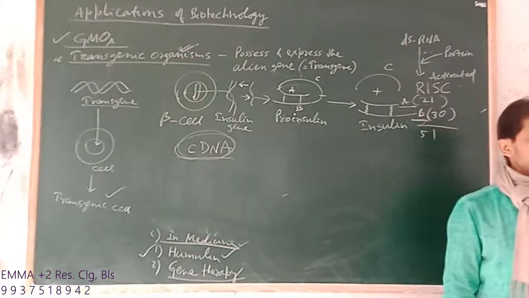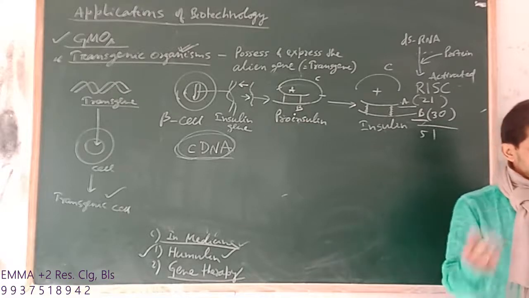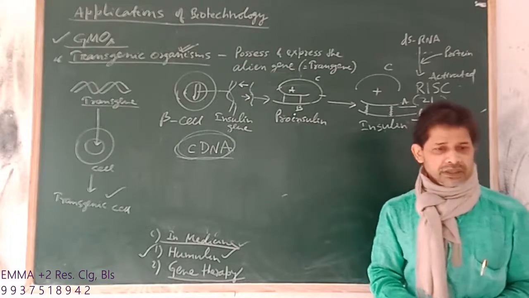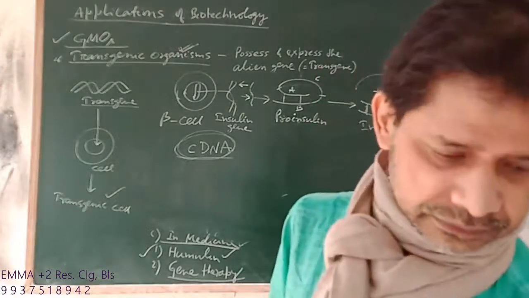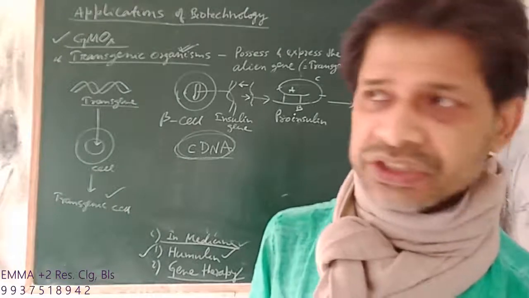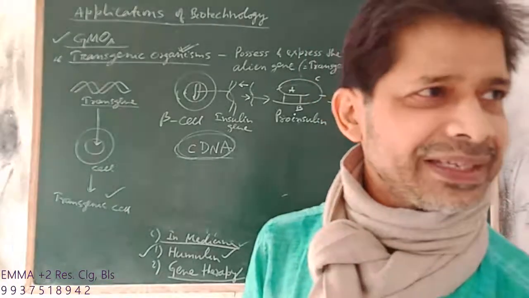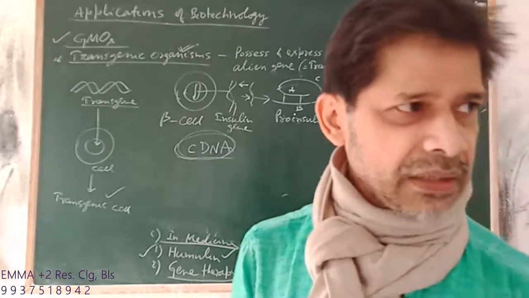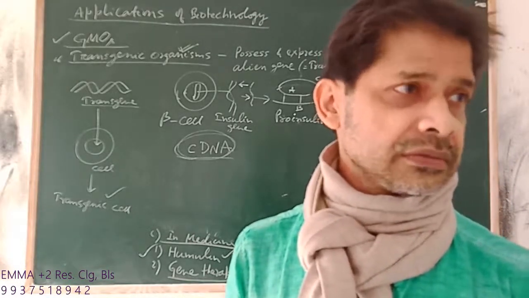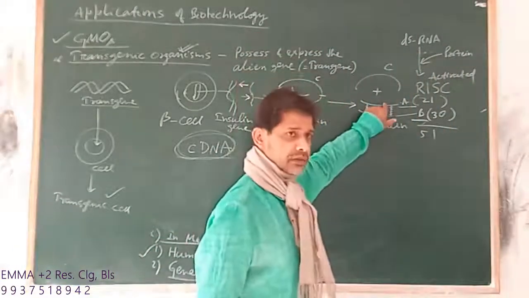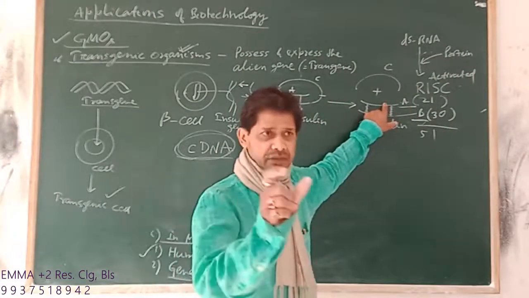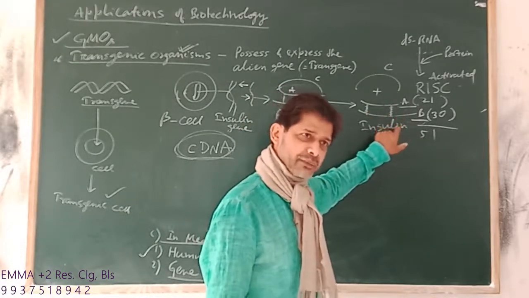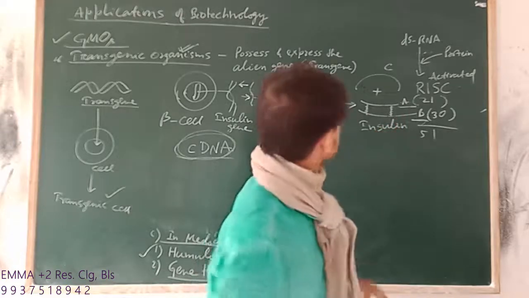Listen, which company first released this genetically engineered insulin? It is an American company, Eli Lilly, in the year 1983. Eli Lilly prepared 2 DNA sequences, one for the A chain and one for the B chain.